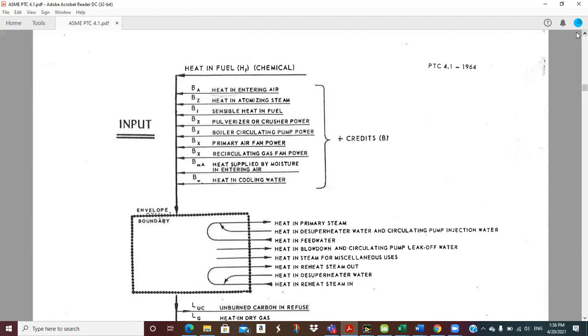The primary air fan power is considered to be in. Recirculating gas fan power, if we're doing flue gas recirculation for NOx control, then the power to run that fan would be considered a credit. Heat supplied by moisture in the entering air.